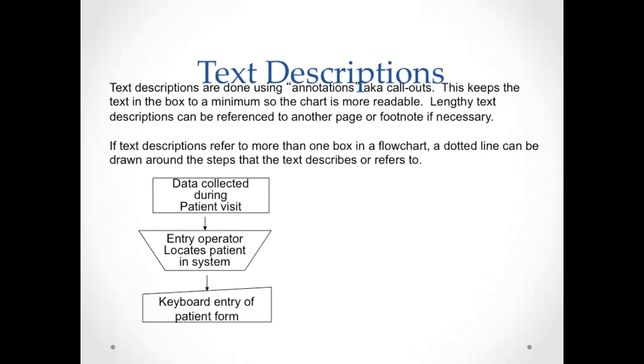Text descriptions are generally done using annotations, or call-outs, which I don't have one drawn here, but basically it's just a caption with a pointer to the box. For easy viewing of the diagrams, you don't want to put too many words in the boxes. If you've got like 10 or 30 words in the box, that is way too many. So you would normally use a call-out off to the side to put some of that detail.